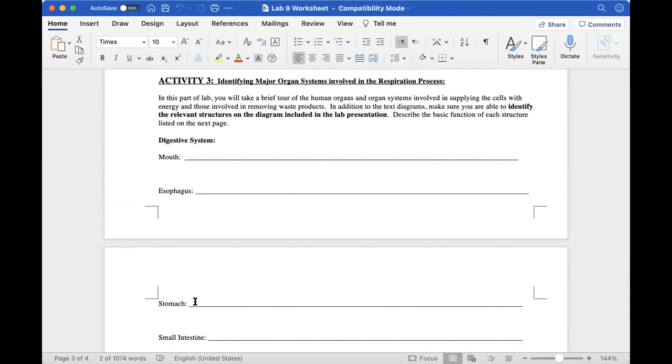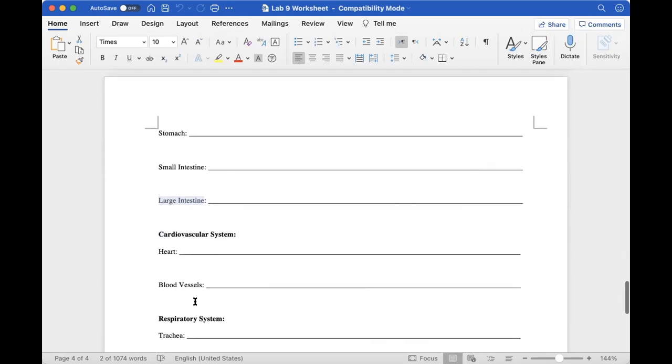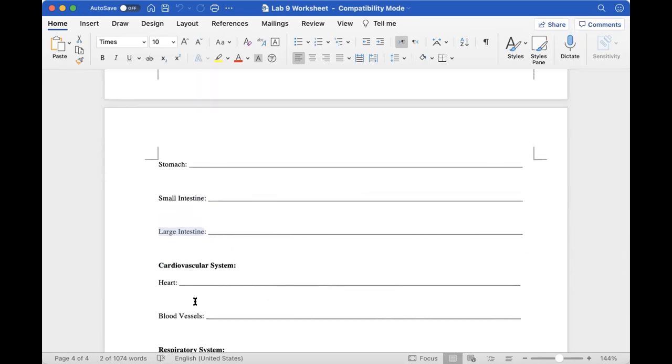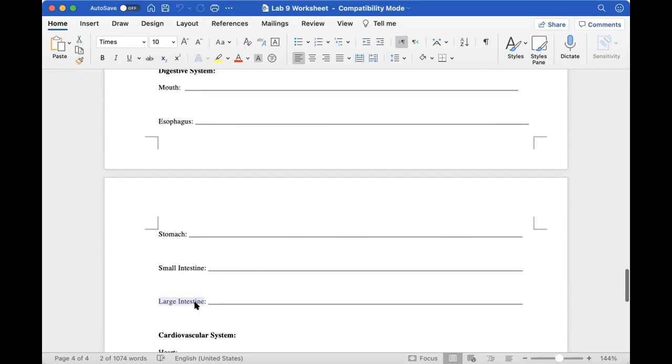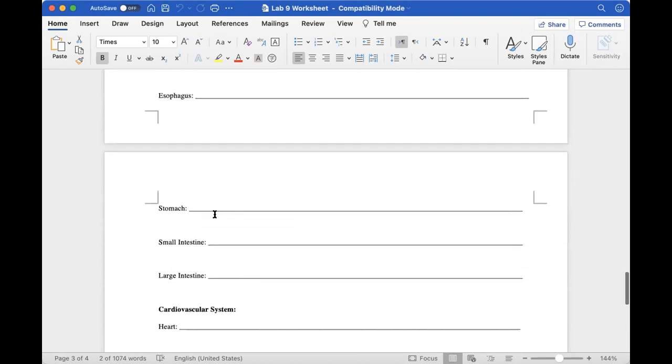So you're going to identify the major organs and how they're involved in the respiration process. And again, respiration means taking glucose and creating ATP. So the digestive system, its main job is to get glucose or food particles broken down into glucose.